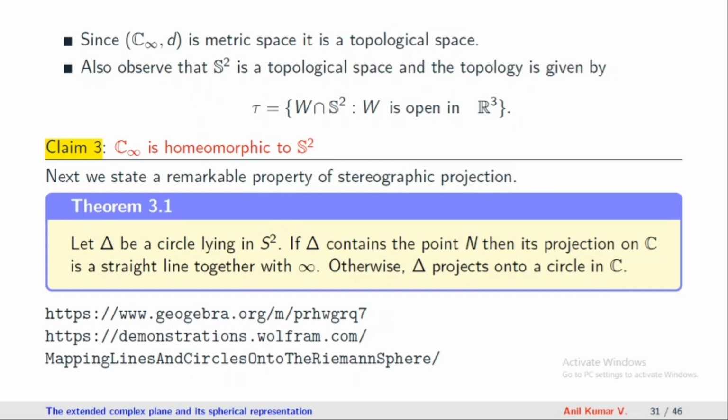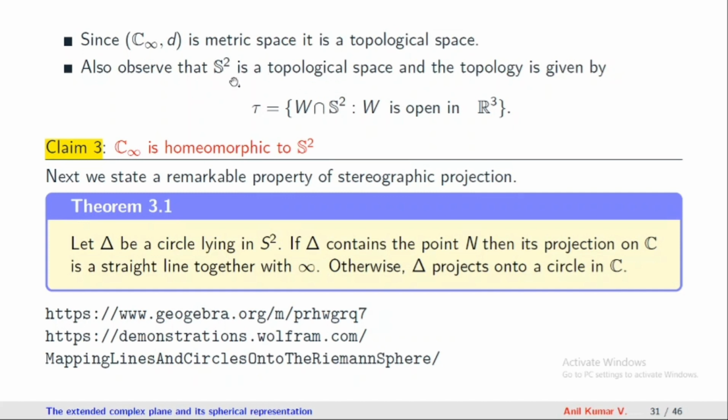Since C infinity is a metric space, it is a topological space. So the open sets are unions of open balls. Also observe that S2 is a subspace of R3.